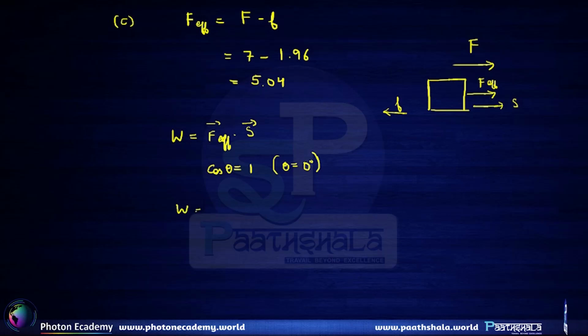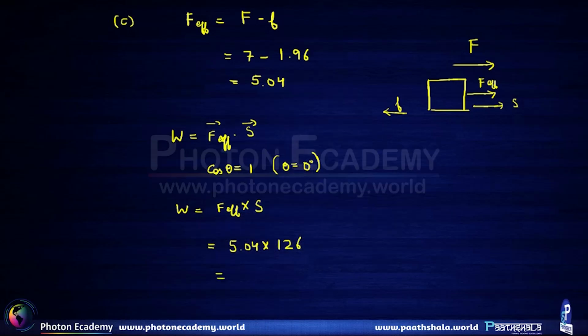Therefore W will be F effective into S. F effective is 5.04 and S is 126. Therefore work done by the net force is 635.04 joules.